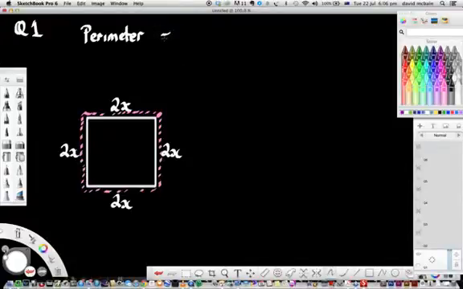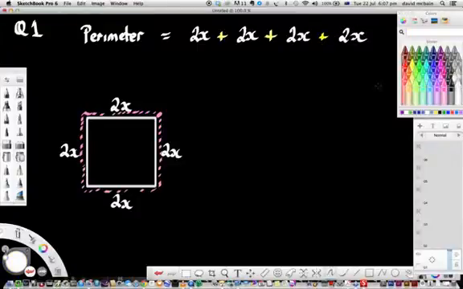So the perimeter of our shape will simply be 2x plus 2x again plus 2x again, and then plus 2x again. So we're adding the four sides together.